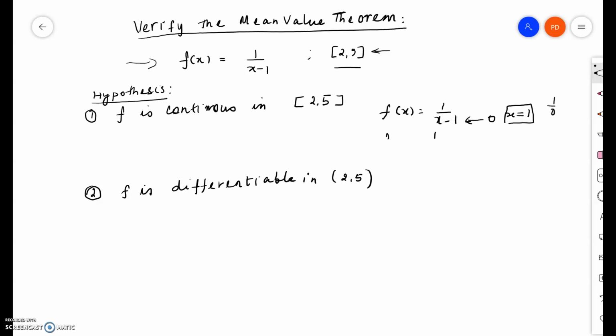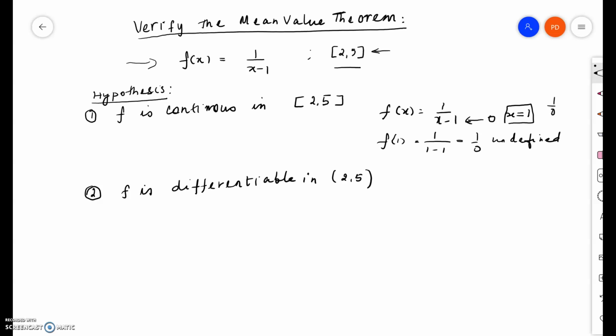So let's see what happens at f of 1. F of 1, we get 1 over 1 minus 1, which is 1 over 0. So that's undefined. We cannot have a 0 in the denominator. So the only point at which the function is undefined, which means discontinuous, is at x equals 1.